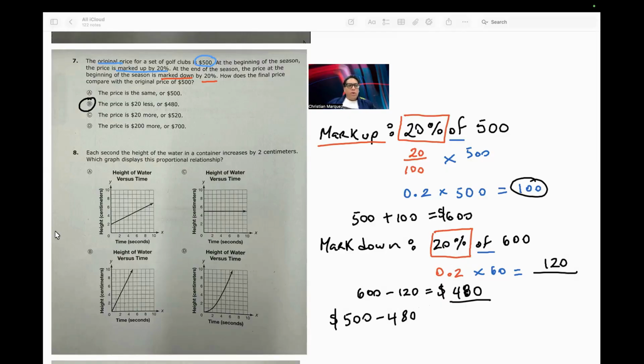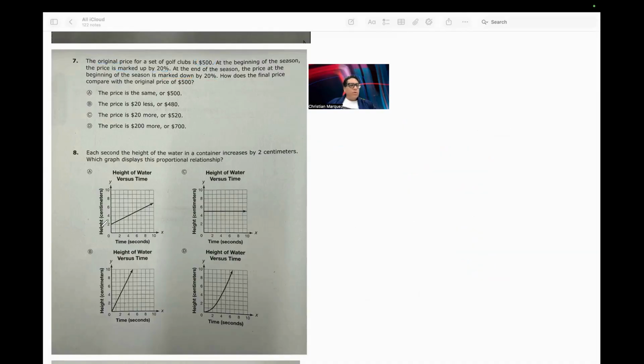Now for question number 8, we have here a proportional relationship. Which graph displays a proportional relationship? A proportional relationship must have a couple of characteristics, or three characteristics in this case.